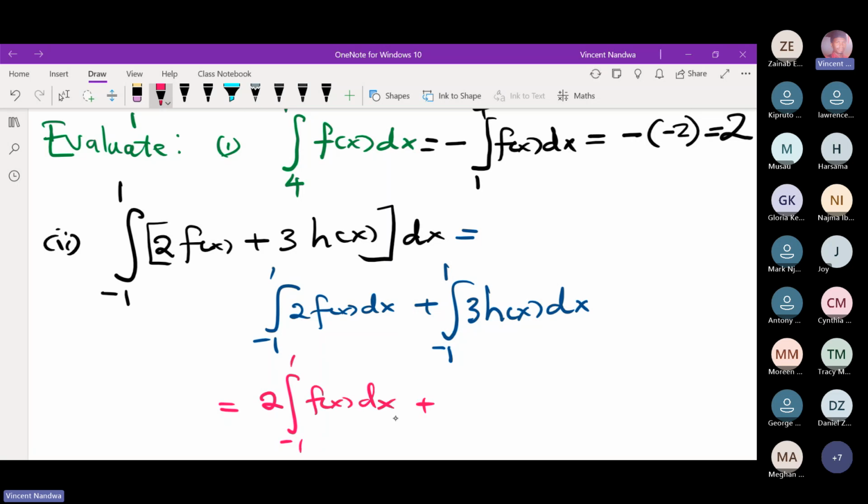Then similarly, this will be 3 times the integral from -1 to 1 of h of x dx.